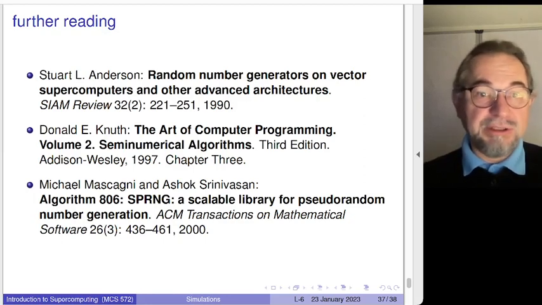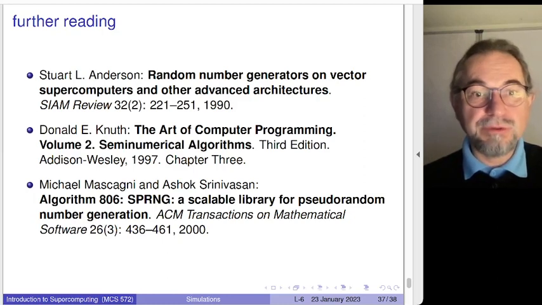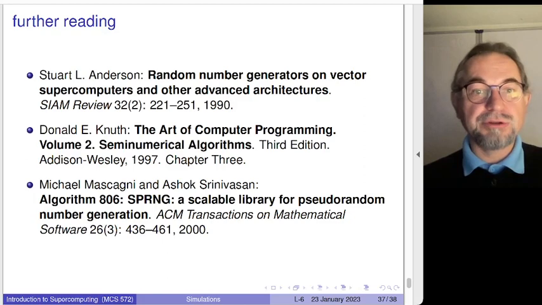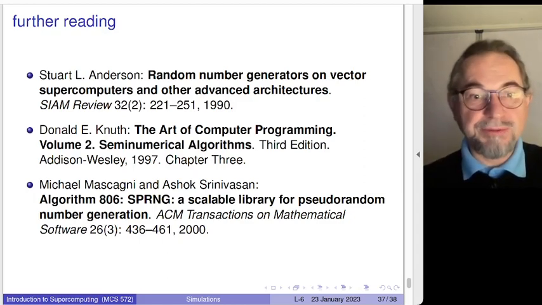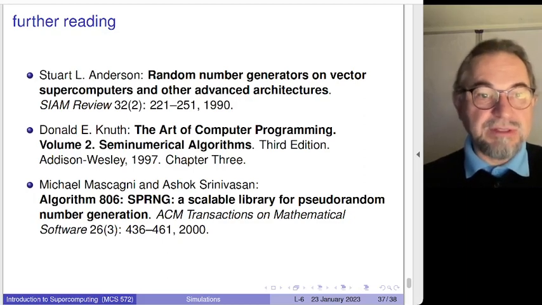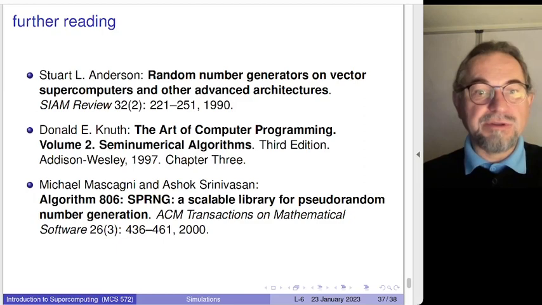Then also The Art of Computer Programming, Volume 2, has a significant portion dedicated to random number generators. Then, you see, I said that the library was already 20 years old, and here you see the original publication of this software.